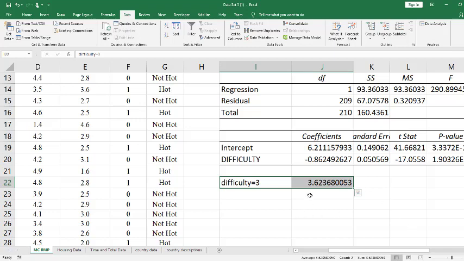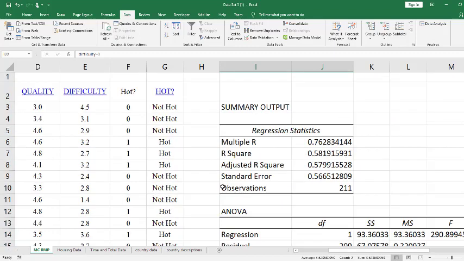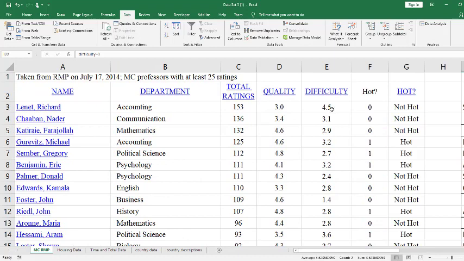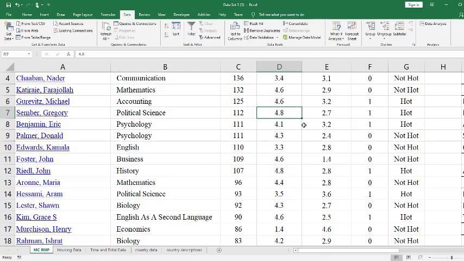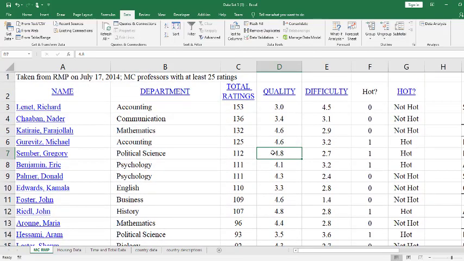What's neat too, and again, you technically shouldn't do this because of the problems with regression, but if we set that aside, we can also use this to evaluate professors. You know, some professors have very high quality ratings. Are they high because they're easy, or are they high because they're good?